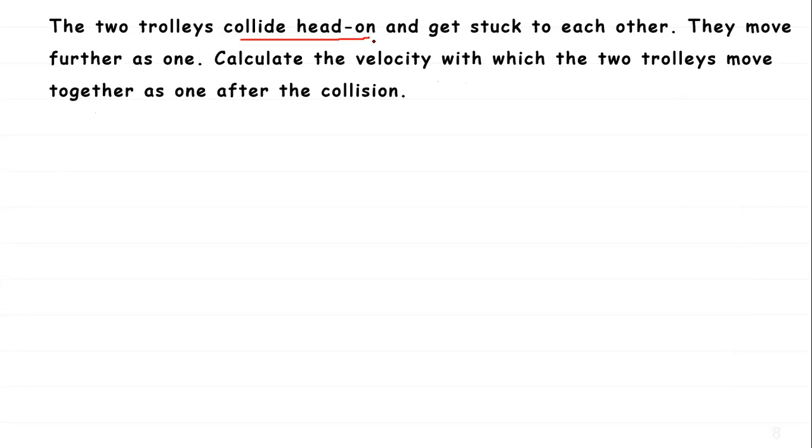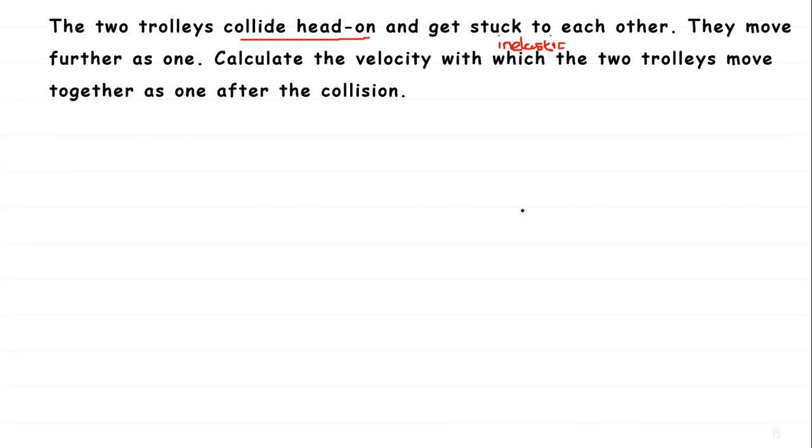And it makes sense because they were moving towards each other and they get stuck to each other. Now, when they get stuck to each other, we definitely know that this collision is a good example of an inelastic collision.